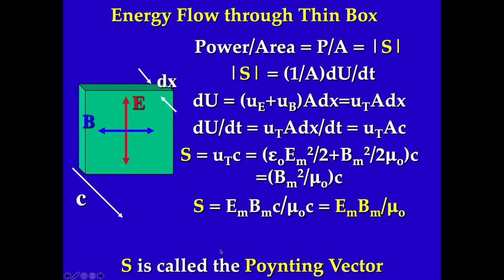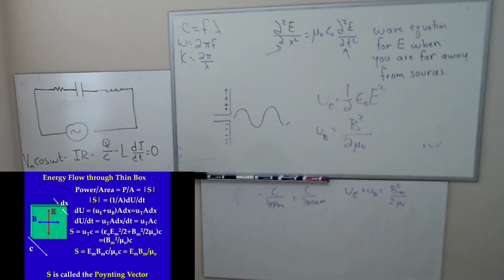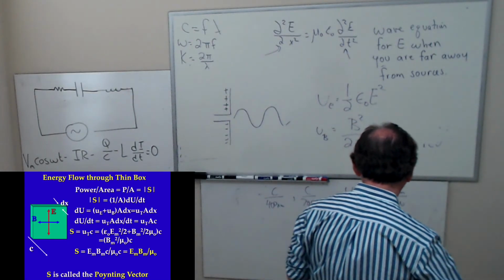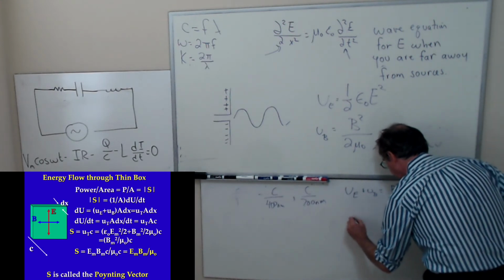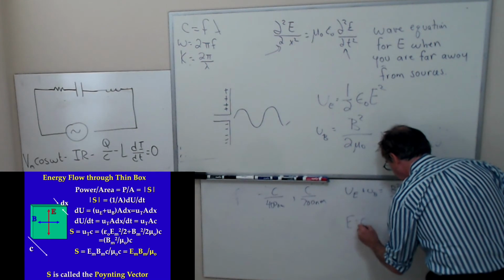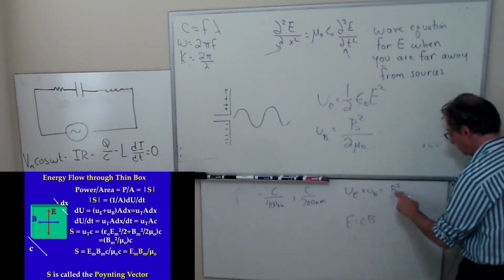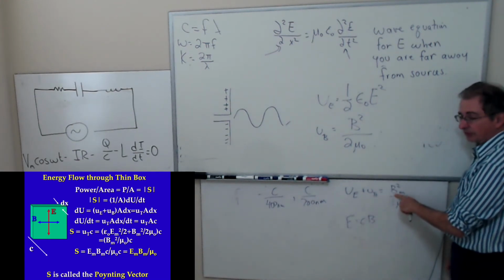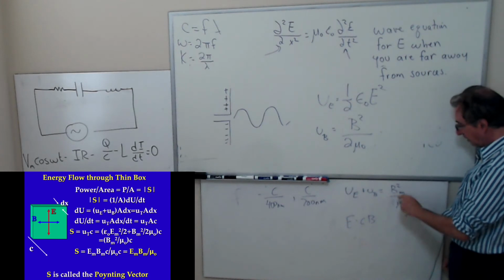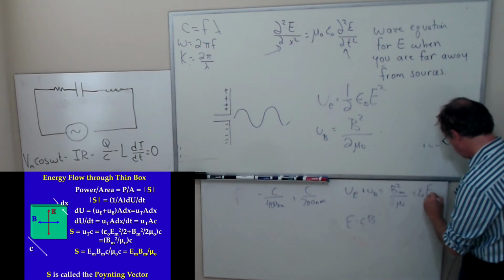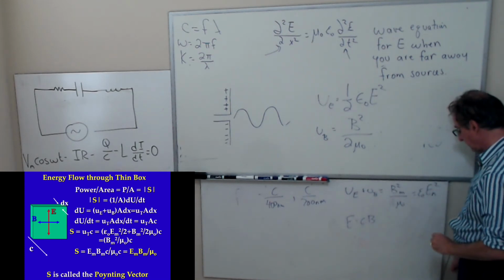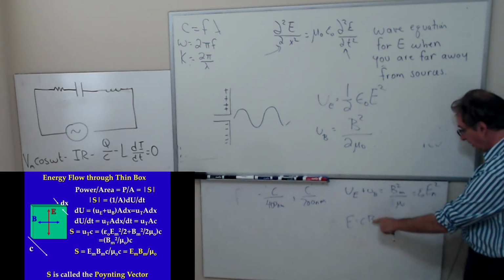And if you use the relationship, let me go back up here. If you use the relationship that E is c times B, you can write this in terms of a B and an E. You can write it this way too, or you can write this in terms of E and B by using this relationship.